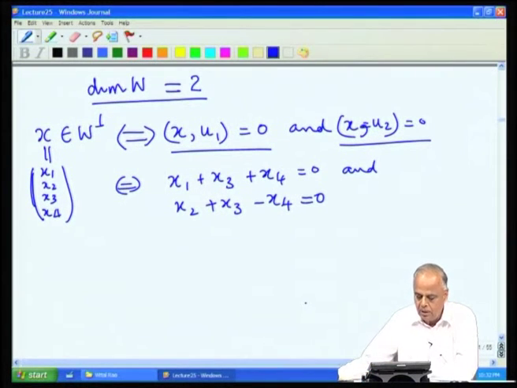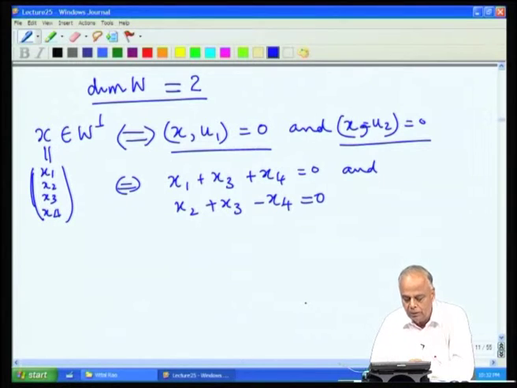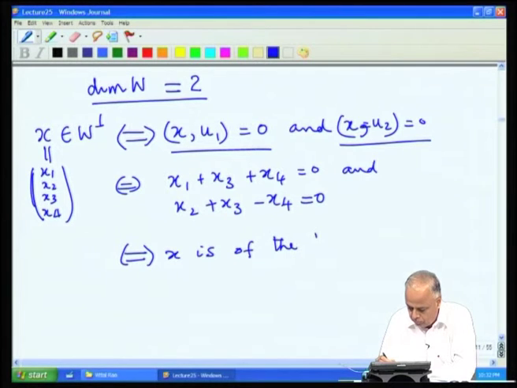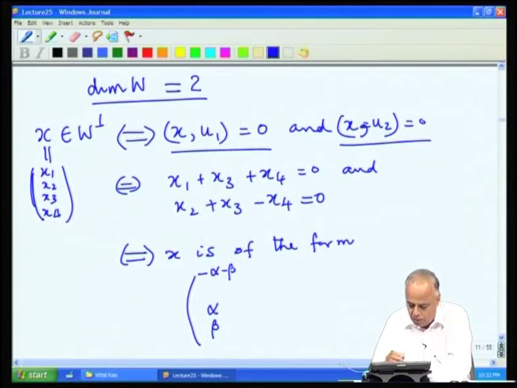That says that there are two equations that the 4 components should satisfy, and there are going to be 2 free variables. We can choose x3 and x4 arbitrarily, then x1 has to be minus x3 minus x4 and x2 has to be minus x3 plus x4.